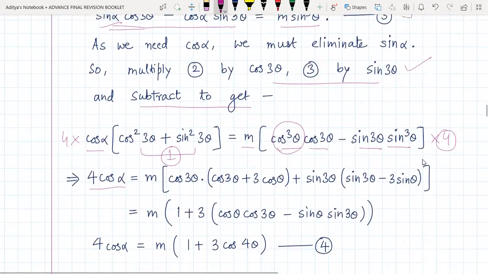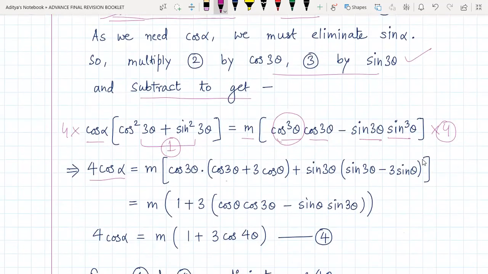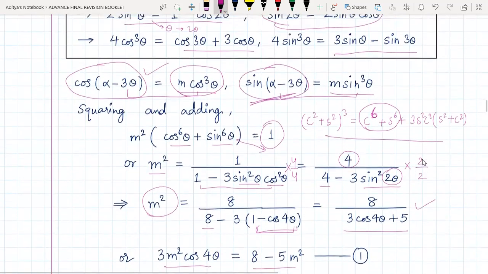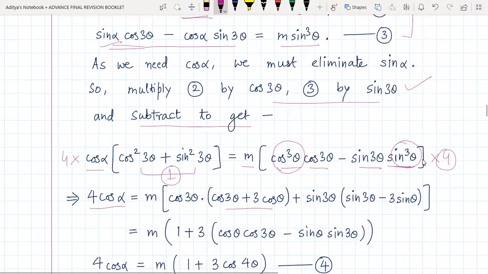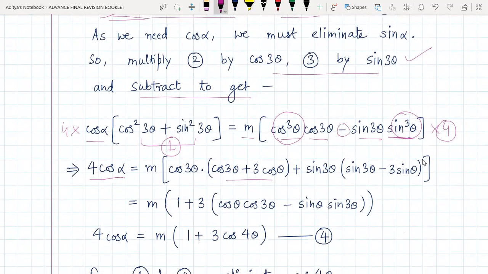So that is exactly what we have written here in place of 4 cos cube theta. Similarly, we'll also obtain 4 sine cube theta. 4 will also get multiplied by sine cube theta. So 4 sine cube theta we have replaced by this quantity, 3 sine theta minus sine 3 theta. Okay, but there was also a negative sign. So when that negative is applied, it becomes sine 3 theta minus 3 sine theta.